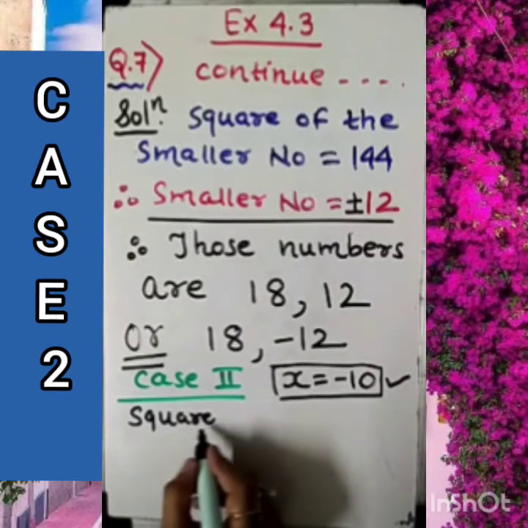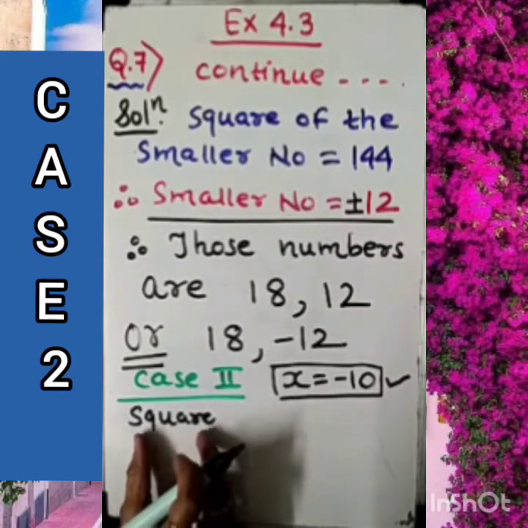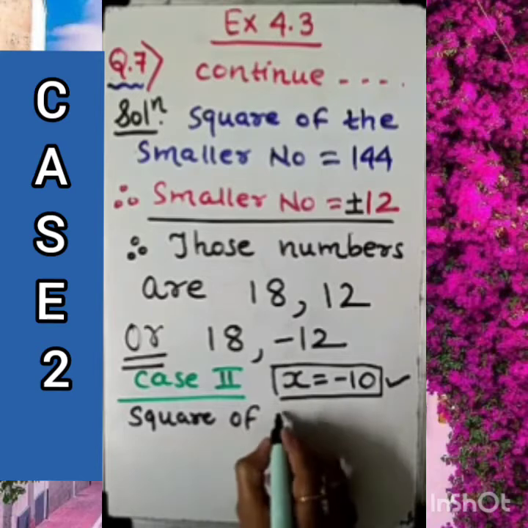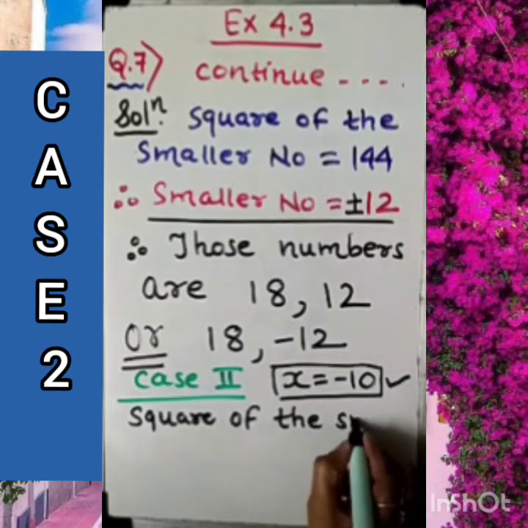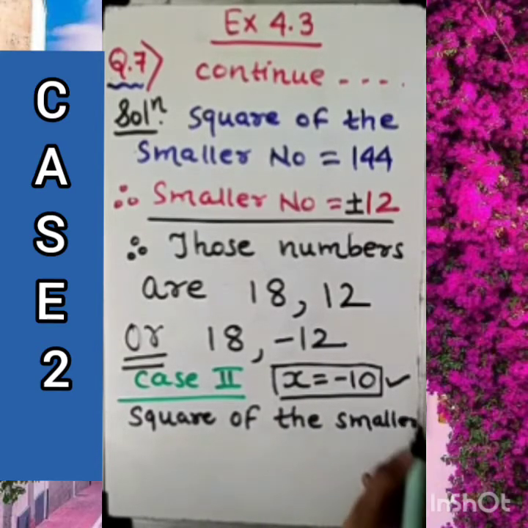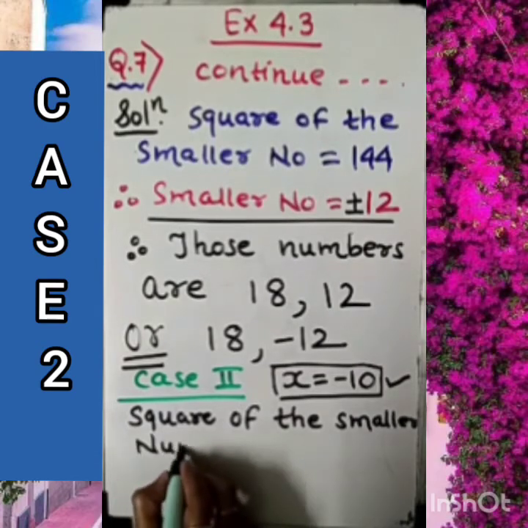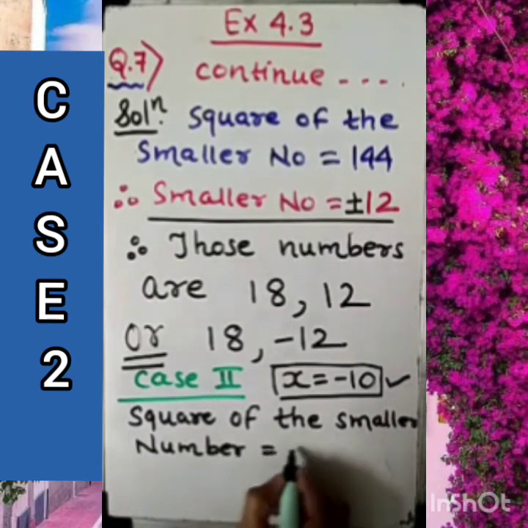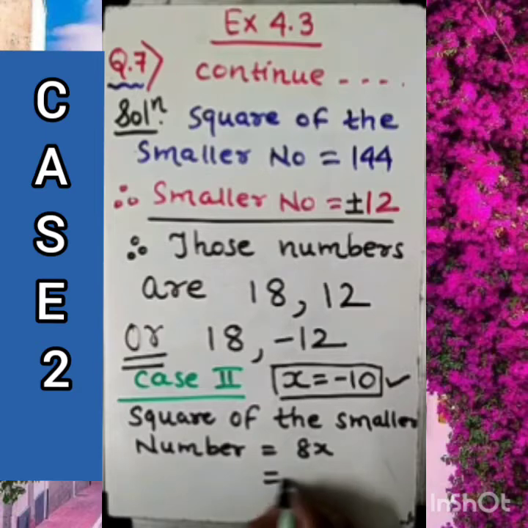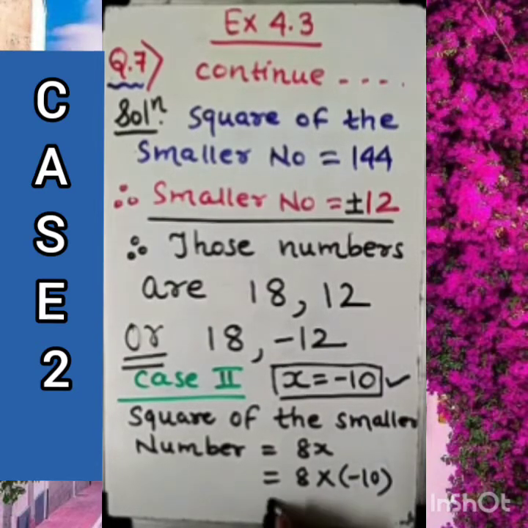So let's work out on this. Square of the smaller number, that is we know 8x. So, my dear student, here 8 into, in place of x, I should write minus 10. So it will be minus 80.